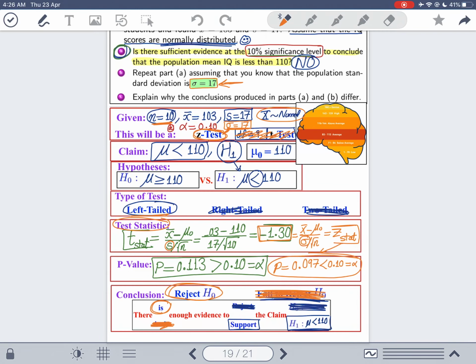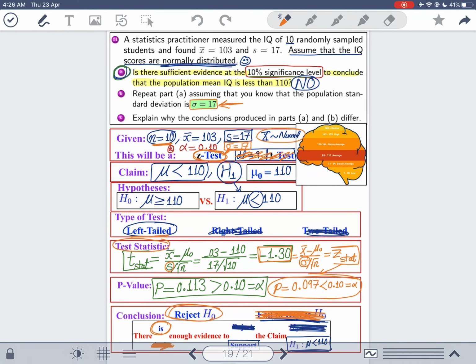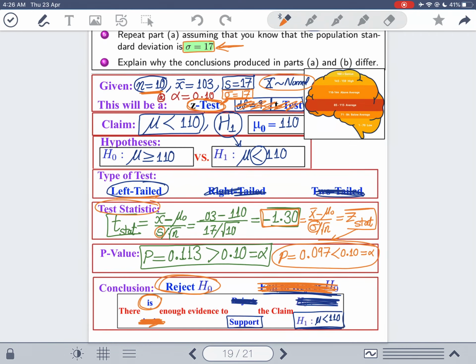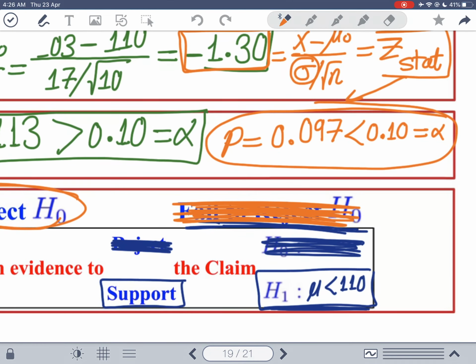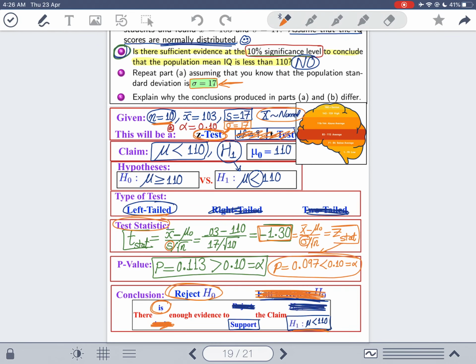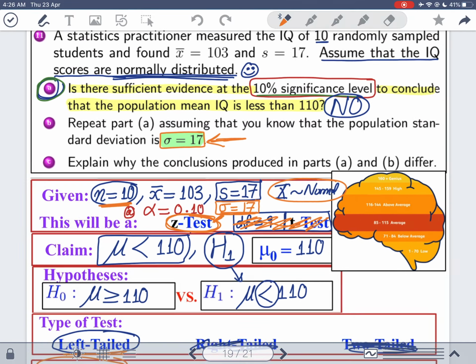So there is enough evidence to support the researcher or the statistician's hypothesis or claim that the average IQ of the students is less than 110.